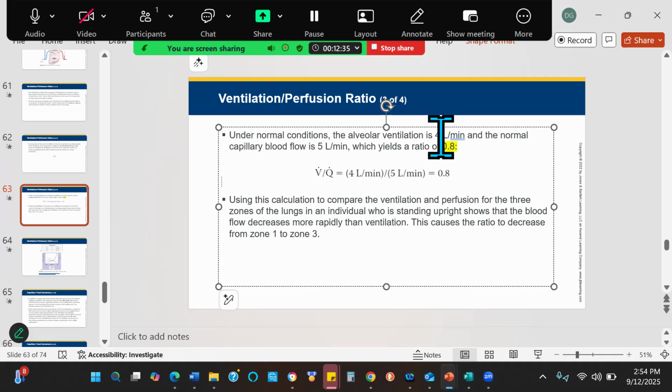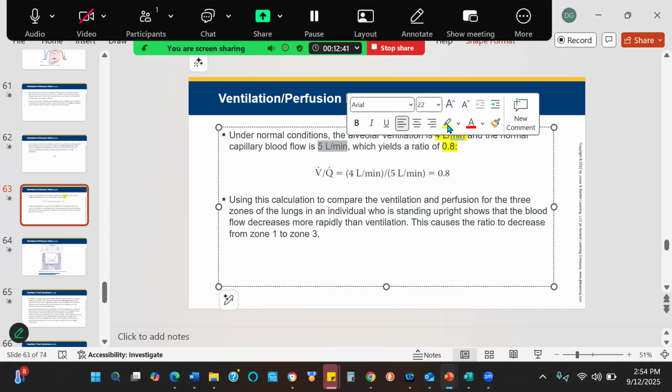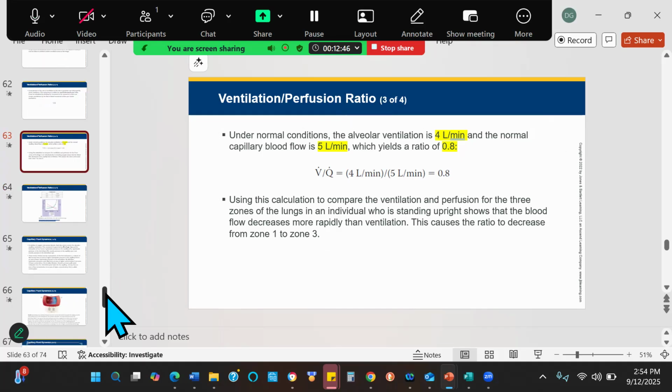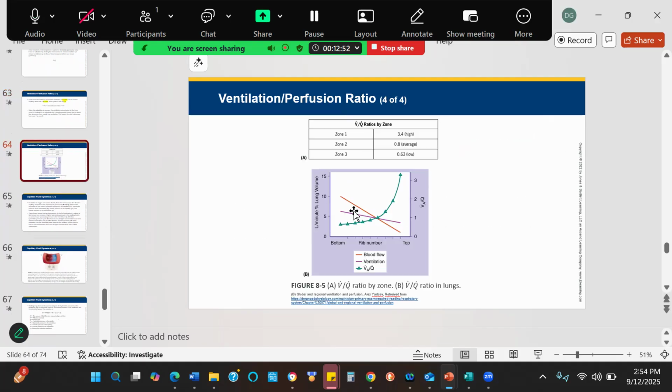So alveolar ventilation is about 4 liters per minute, and capillary blood flow about 5 liters per minute, comes out to 0.8. It does vary from different parts of the lung to other parts of the lung. And there we go. We see the ventilation perfusion ratio in zones 1, 2, and 3 just depicted on a graph.